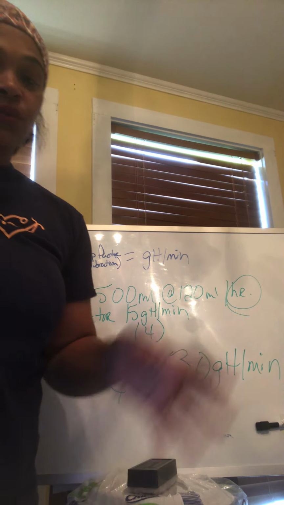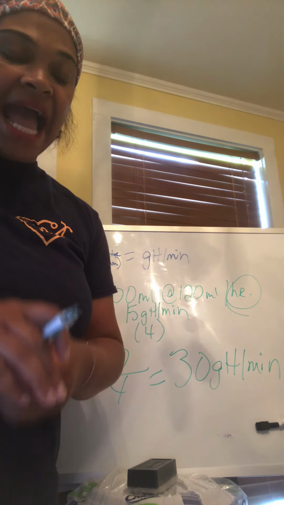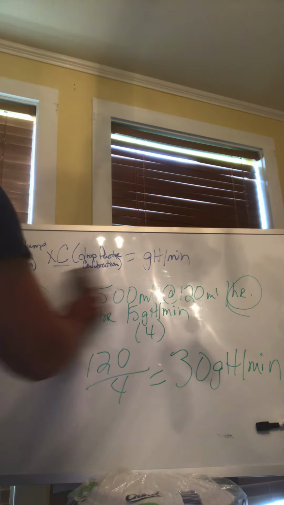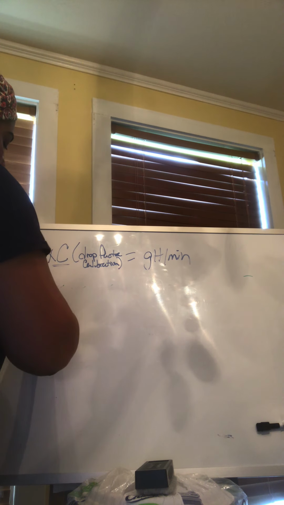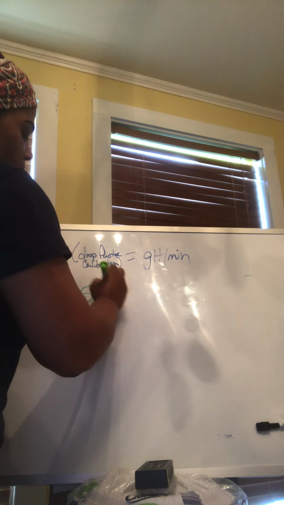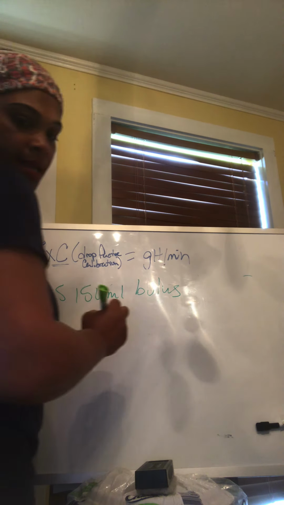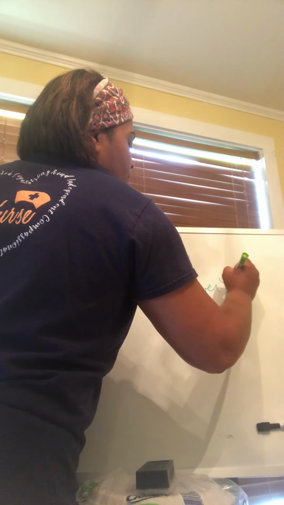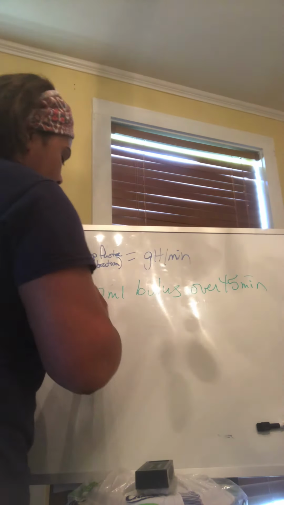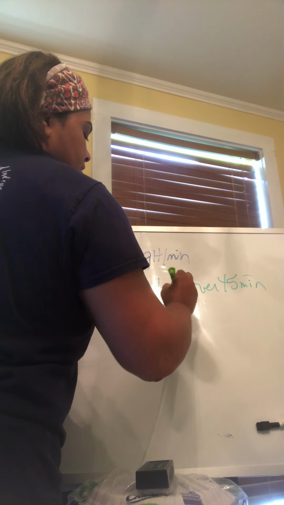So, class, would I be able to use the shortcut method for a problem where it has normal saline 150 milliliter bolus, okay, to infuse over 45 minutes with a drop factor of 10?